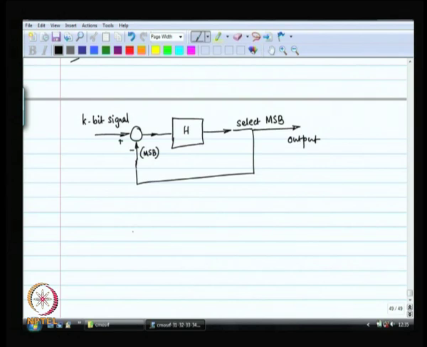The output is a 1 bit signal, and the claim is that the average of the output.